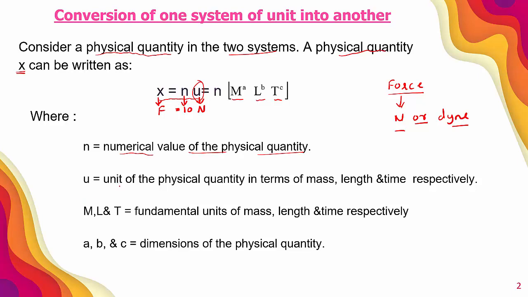U indicates unit of the physical quantity in terms of mass, length and time. And M, L, T, these are the fundamental units of mass, length and time respectively. Then last one, a, b, c. These are the dimensions of the physical quantity. Is it clear? First we have to write X equal to NU. So U we are going to express in terms of mass, length and time.